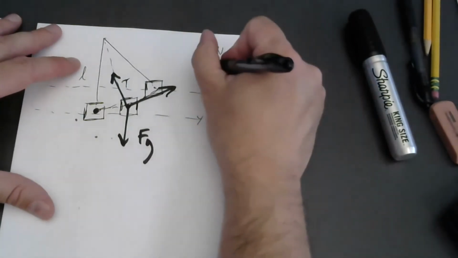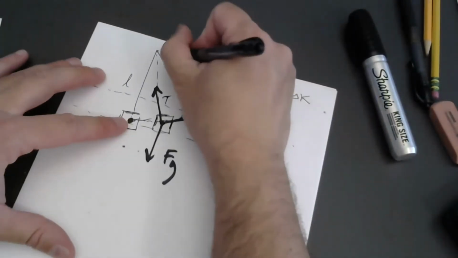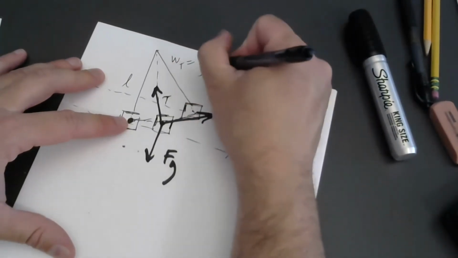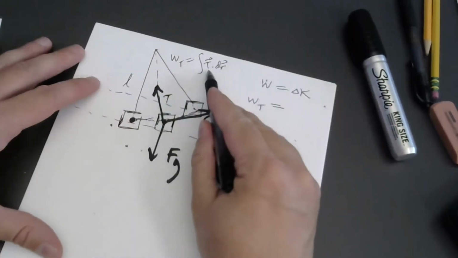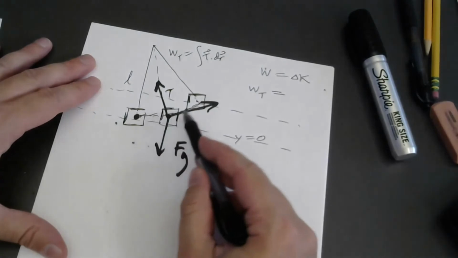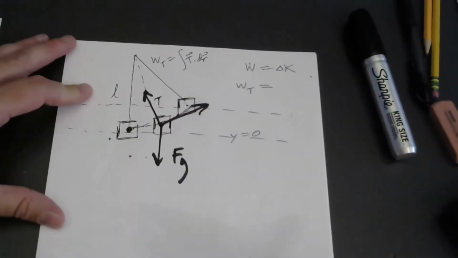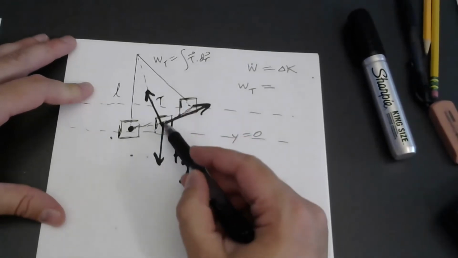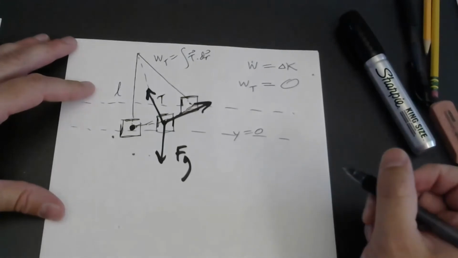But check it out. The work done by tension, well, remember, you do the line integral of force dotted with displacement, dot the tension with dr at every step along the displacement, and integrate that quantity. Tension is always perpendicular to the displacement. So that work is 0, and we don't even have to worry about it.